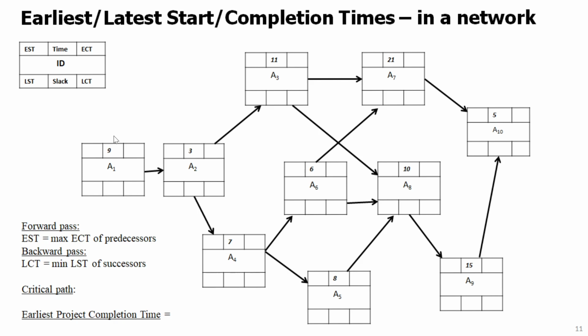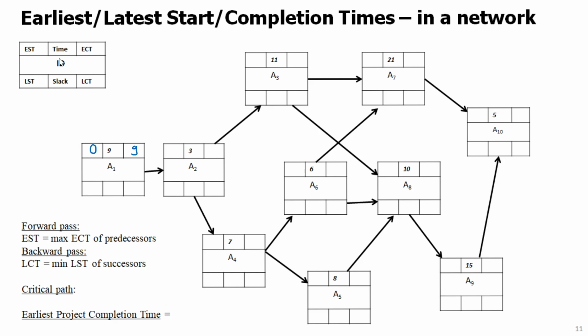So I can say in this case that this will be day 0 of the project, and then it will finish 9 days from beginning the project. So the meaning of these numbers is how many days after we started the project this activity is started or completed at the earliest.